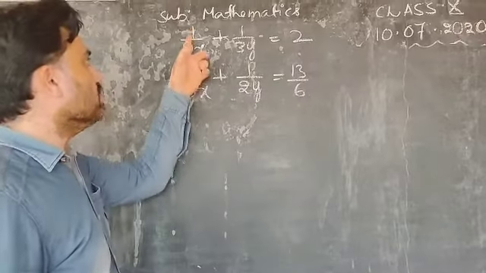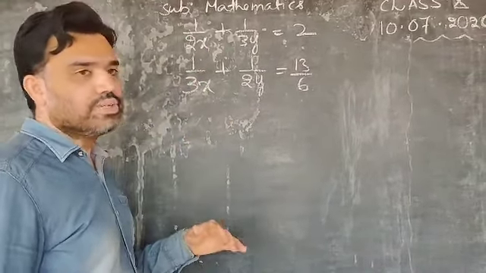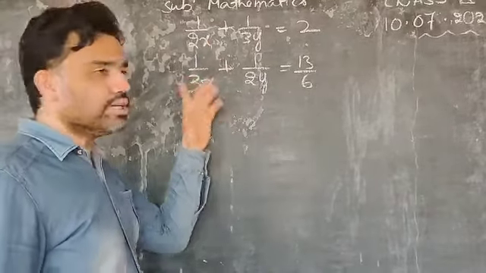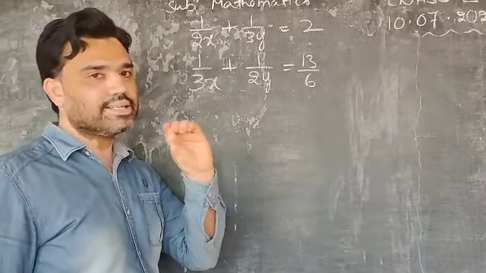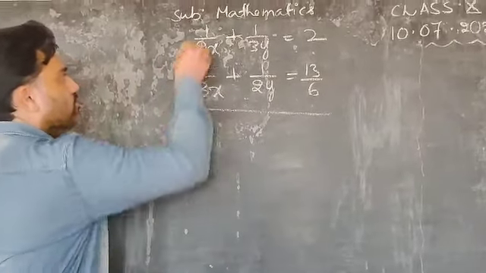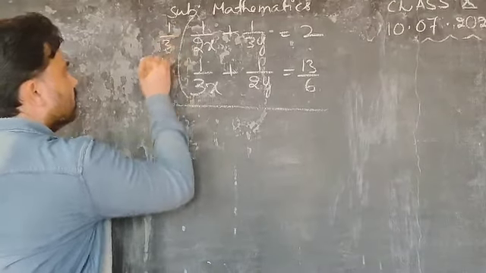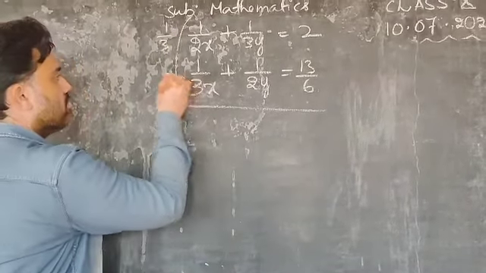Now look at this: 1 by 2x, 1 by 3x. Already we have x as denominator. So what I am going to do is multiply the first equation by 1 by 3 and the second equation by 1 by 2.